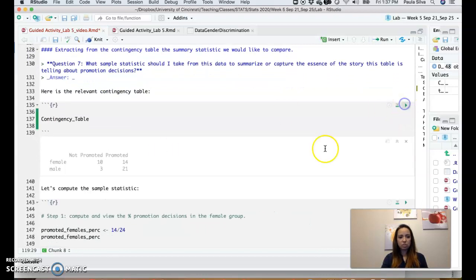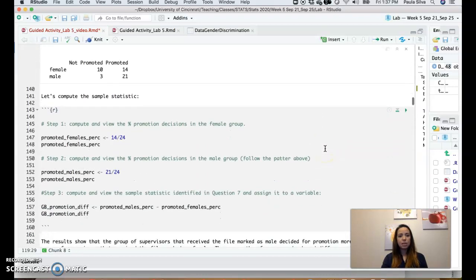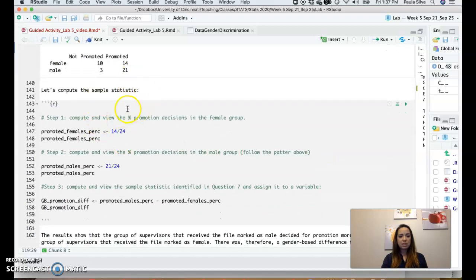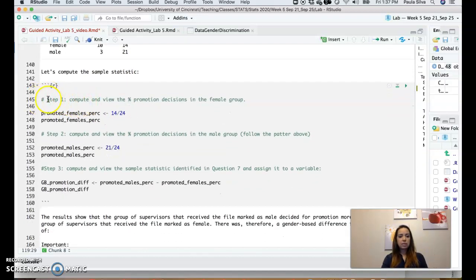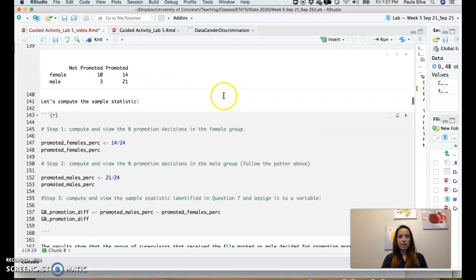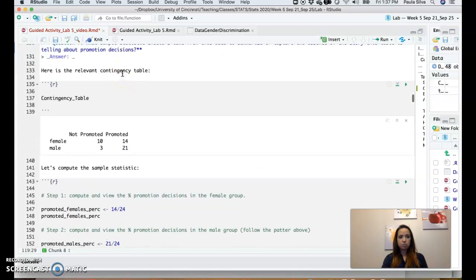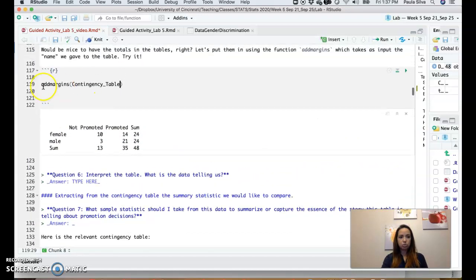So here's the relevant contingency table again. And let's compute then the sample statistic that we just mentioned. In step 1, we're going to compute the percent promotion decisions in the female group, and that's 14. Oh, let's put the totals in there.